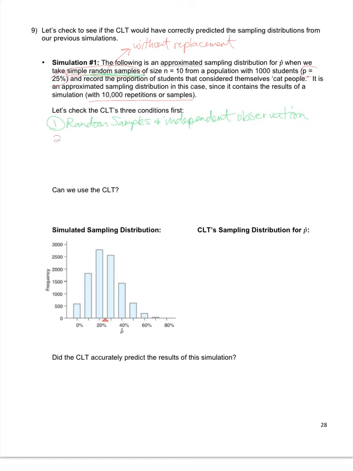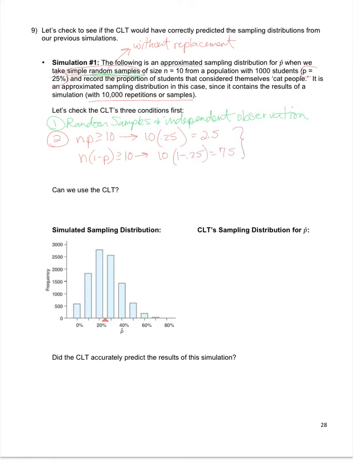All right, our second condition, we want to check to see if our sample size is large enough. So we need to check 2 calculations, n times p, see if it's bigger than 10, and n times 1 minus p. And remember, both of these, again, have to be met. So if we take our sample size of 10 times 0.25, we get 2.5. And if we do 10 times 1 minus 0.25, we get 7.5.